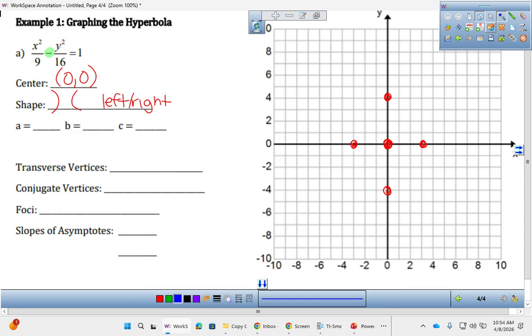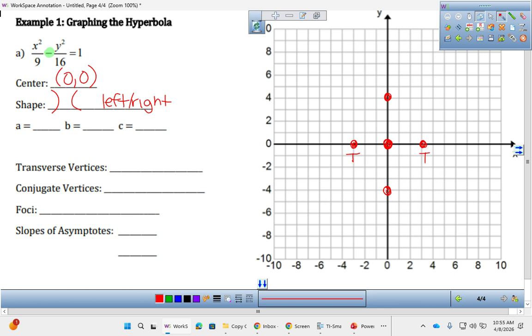So the points that I plotted in the x direction are my transverse vertices. Whereas in an ellipse, my major has to be based on whatever's bigger. That's not the same thing. That's why we don't use the word major here, okay? So what came first is the x direction, and when I went in the x direction, I landed at these 2 points. These are my transverse vertices.